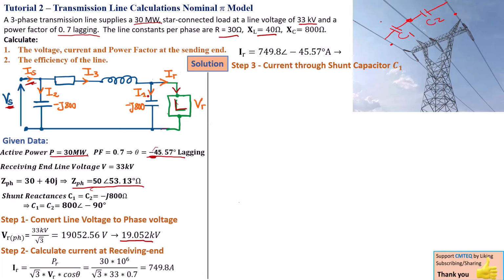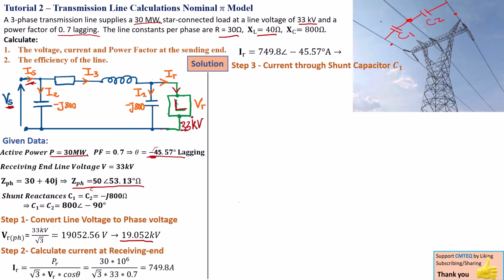To find I1, the current through the shunt capacitance, we need to find the voltage across this capacitance. Now this is where it gets tricky, because this capacitance is in parallel with the load. We got the current using the line voltage, which is 33 kilovolt.